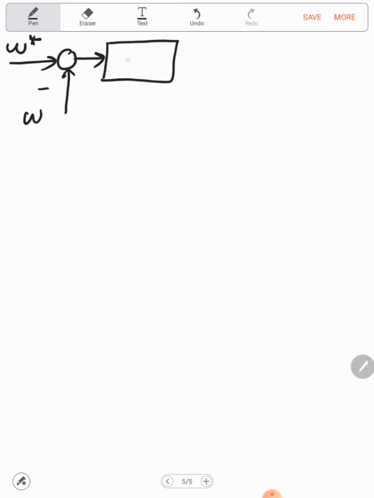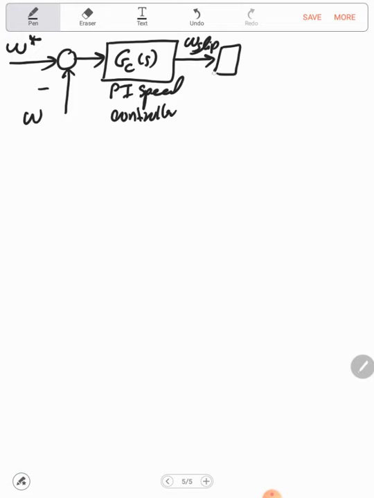So here, if this is omega reference, and we are comparing it with the actual omega, then we are using a PI control. This is Gc of s, which is the PI speed controller. The output of the speed controller is omega slip.